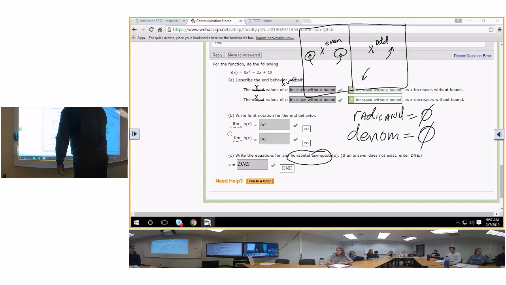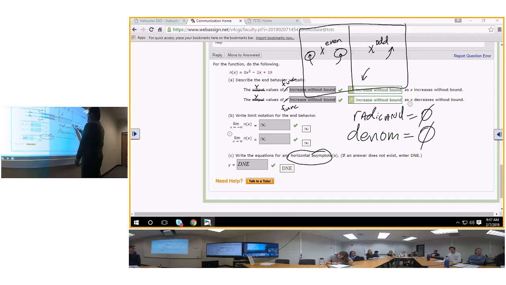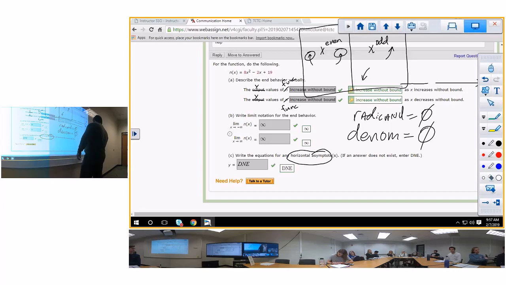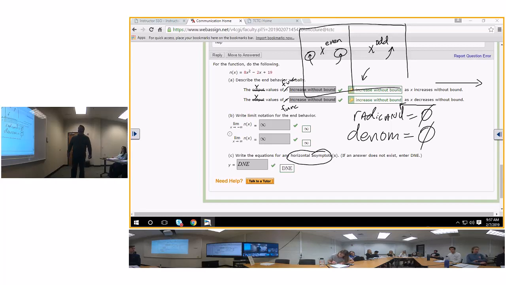Function, as x increases without bound and as x decreases without bound. So as x goes this way, and as x what? Decreases. So what's happening to y? Here's your function.